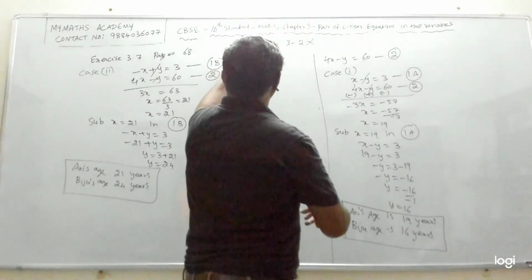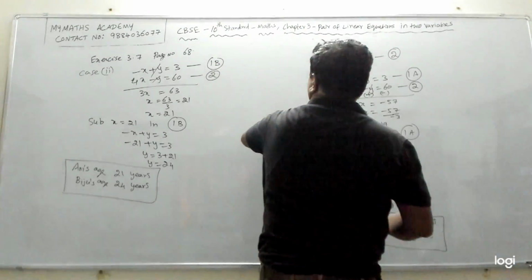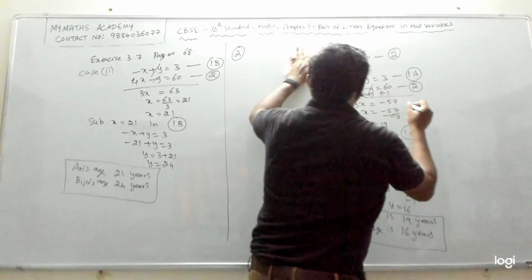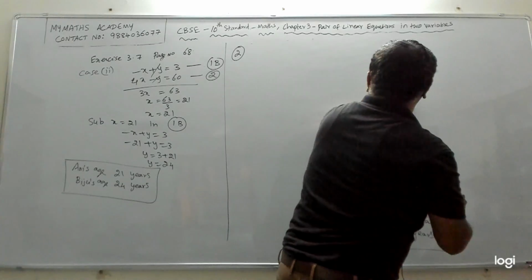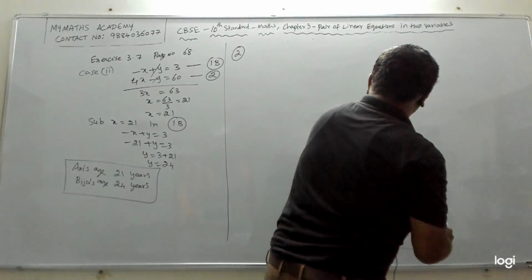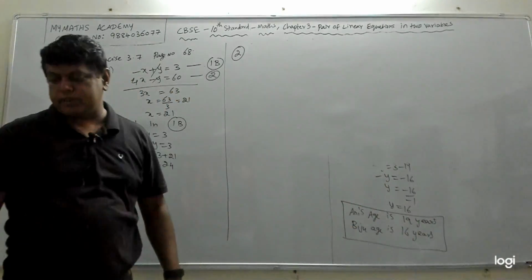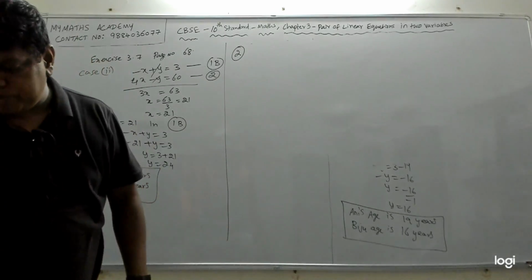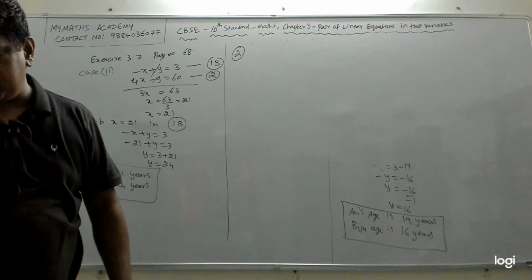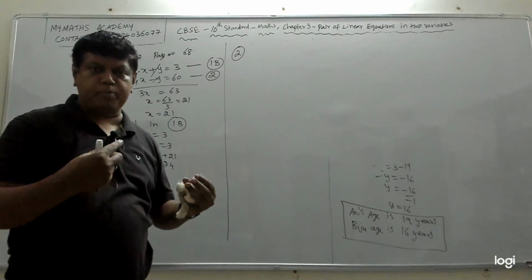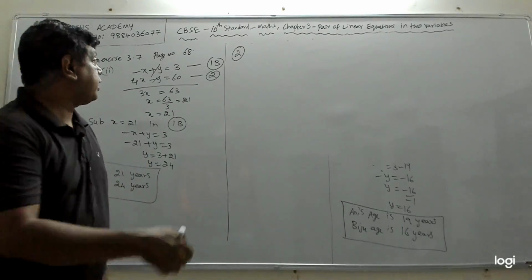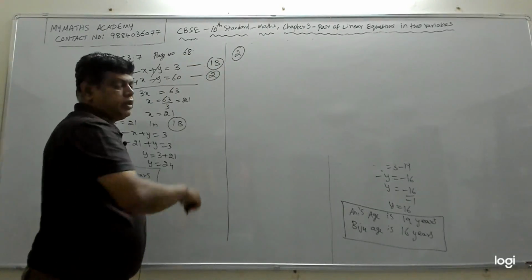Fine? In the exercise, second problem. So second one says, one person says, give me 100, friend. So there are two people who are talking. One person says to his friend, I am reading the second question in exercise 3.7.